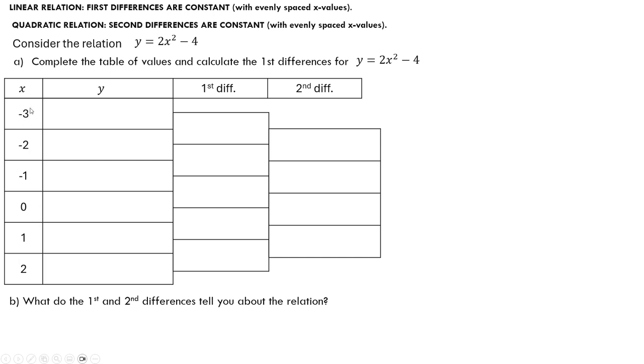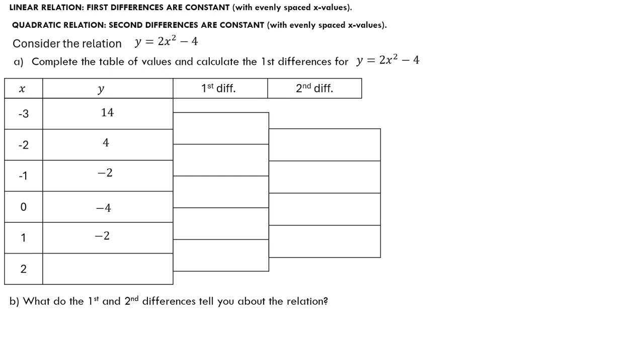If we take this -3 and we plug it into the equation, we end up with a result of 14. Taking a negative 2, plugging it into the equation gives us a 4. Negative 1, substituted in the equation, gives us a y value of negative 2.